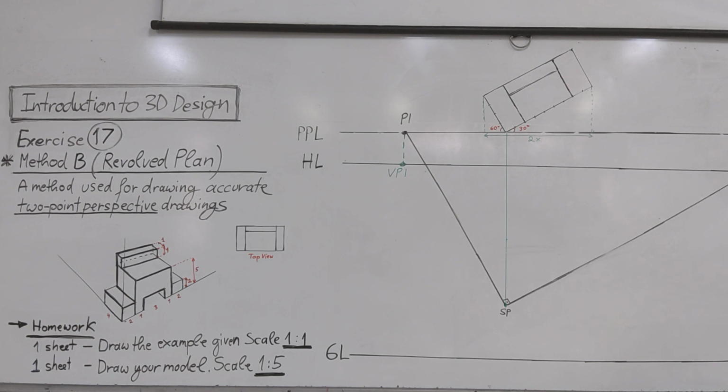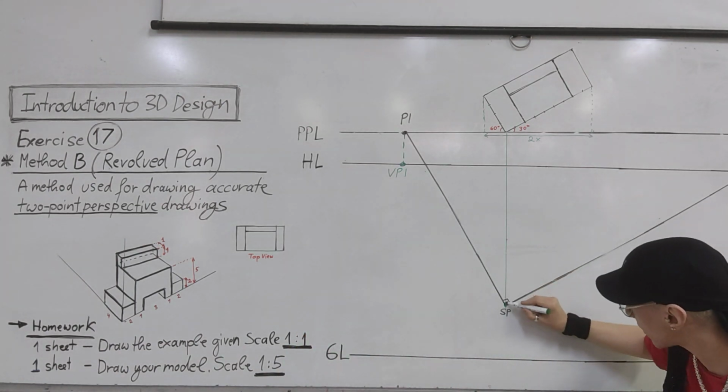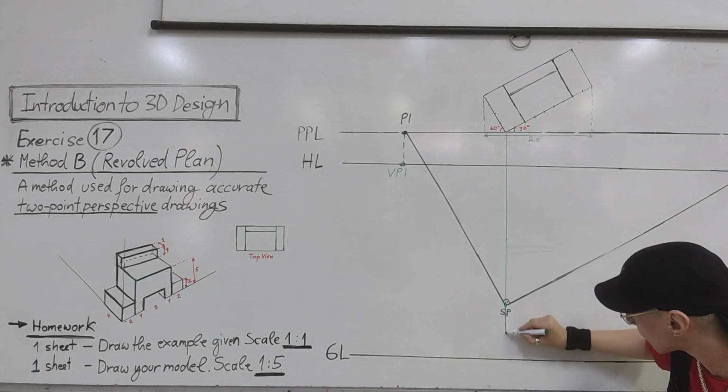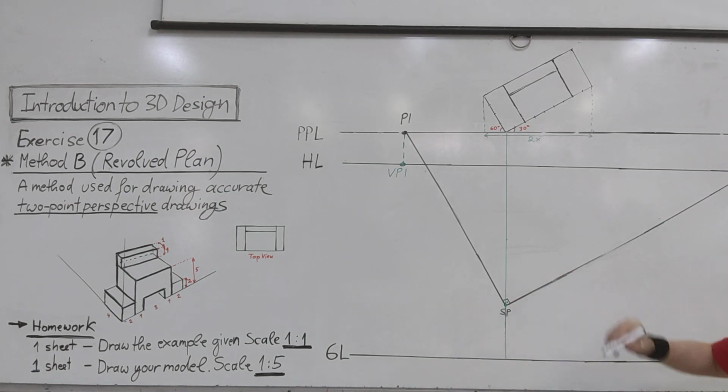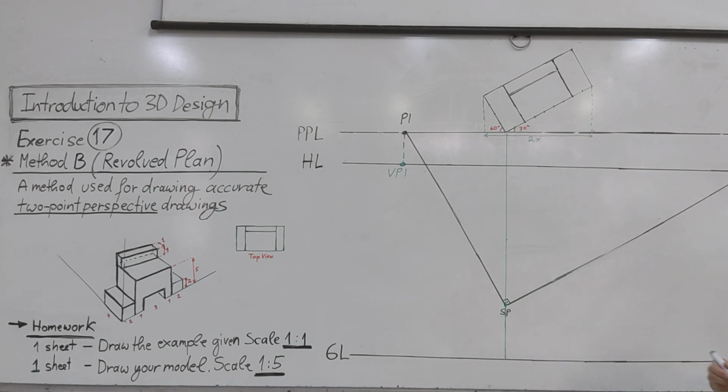So here it will be vanishing point 2. Okay. Now this line, we will extend it down further until the ground, wherever our ground line is located. Okay.